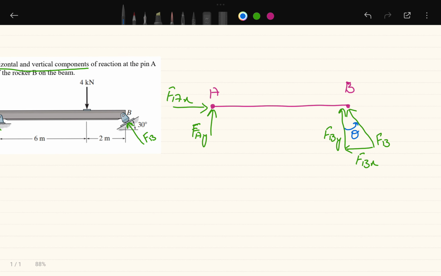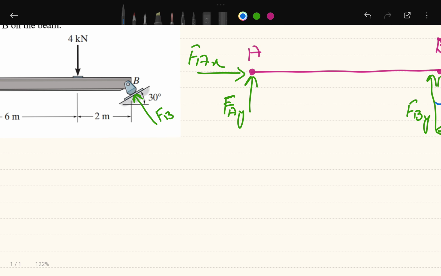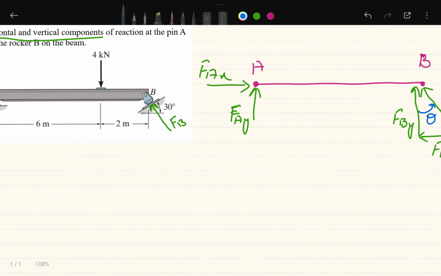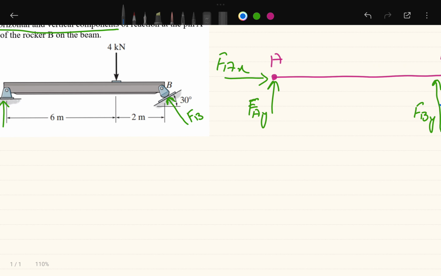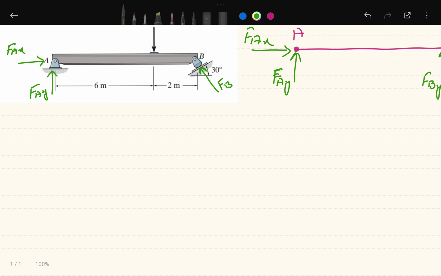All right, now what we know from the figure is that this angle with the support surface and horizontal is given. Let me draw the support surface here. I will call this point point D.